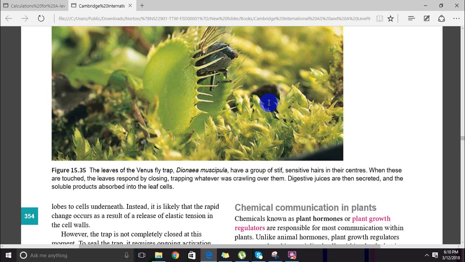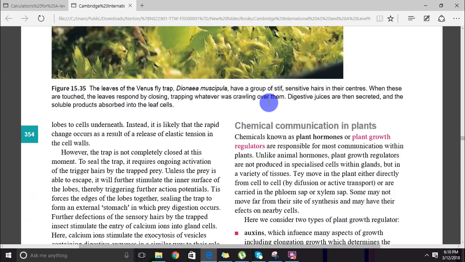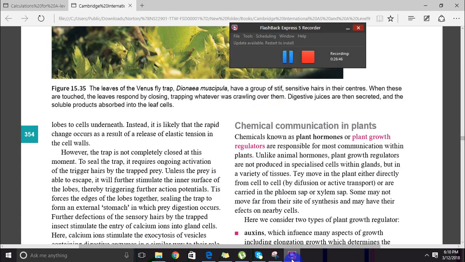And instead it is likely that the rapid change occurs as a result of a release of elastic tension in the cell walls.